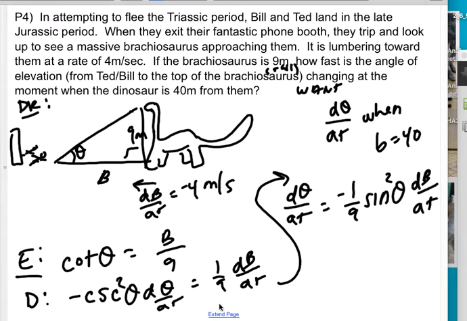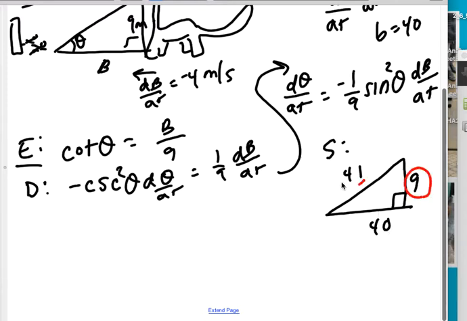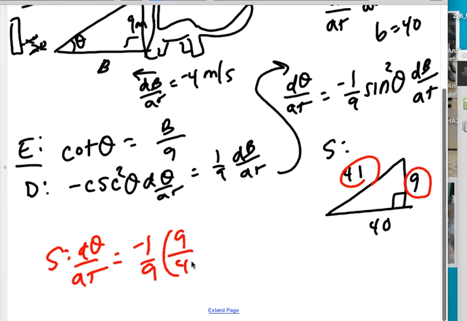So at the moment when I'm substituting, this one's a little friendlier than the last one because I gave you a Pythagorean triple, 9, 40, 41. So at this moment, the sine of this angle is going to be 9 over 41, right? So when I substitute, my d theta/dt is going to be negative 1/9 times 9 over 41 squared, but I'm just going to write it as 9 over 41 times 9 over 41 so I can cancel some 9s, times how fast this dude is walking there.